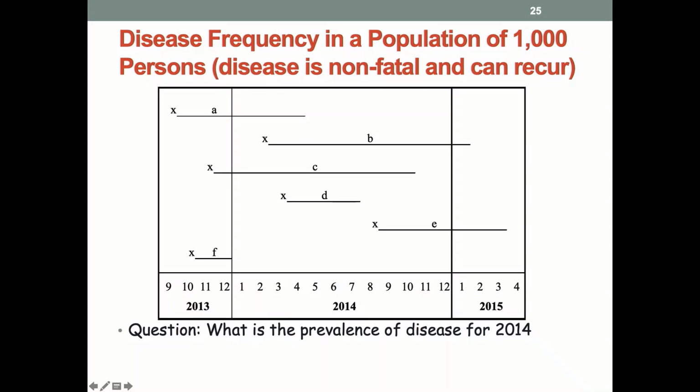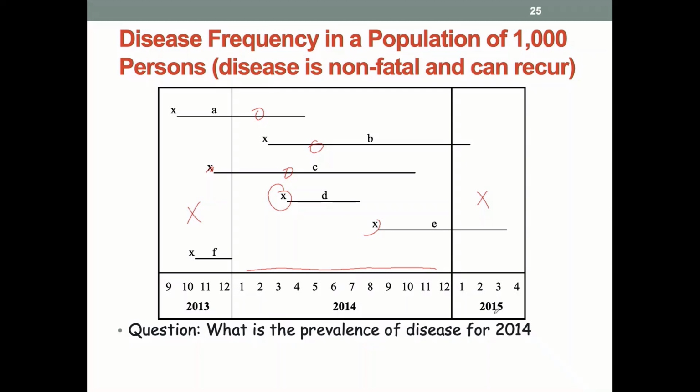So what is the prevalence of disease in 2014? It means this period here. Forget about this and forget about this. How many people have the disease during this year? So that's one person. That's 2. That person, although they developed the disease here, still has the disease here, so that's 3. And then that's 4. And this one, we almost forgot that one. So that's 5. So 1, 2, 3, 4, 5 people in 2014. You divide 5 by 1,000, and you get the prevalence.